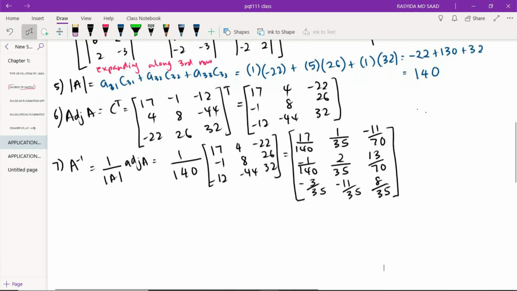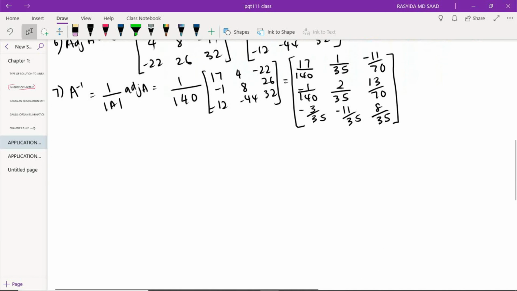And then remember we try to find the inverse of A. So we proceed to finding the x value, which is at step 8.